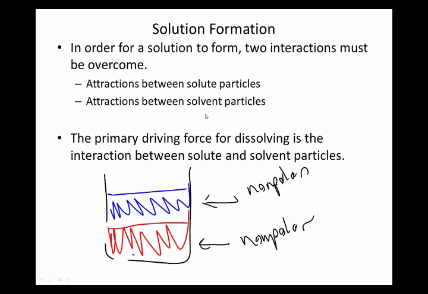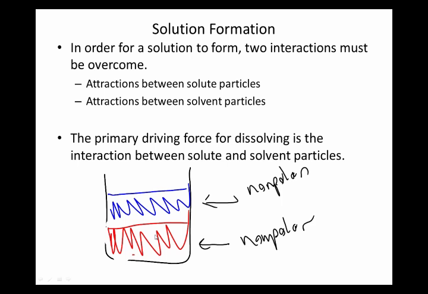So in order to pull apart this substance, it's pretty easy. You can pull it apart easily because the interaction isn't very strong. This one also you can pull apart easily because the interaction isn't very strong. Now when you mix them together, they're not going to interact very strongly, but that's okay. You didn't have to overcome much of an attraction to begin with.